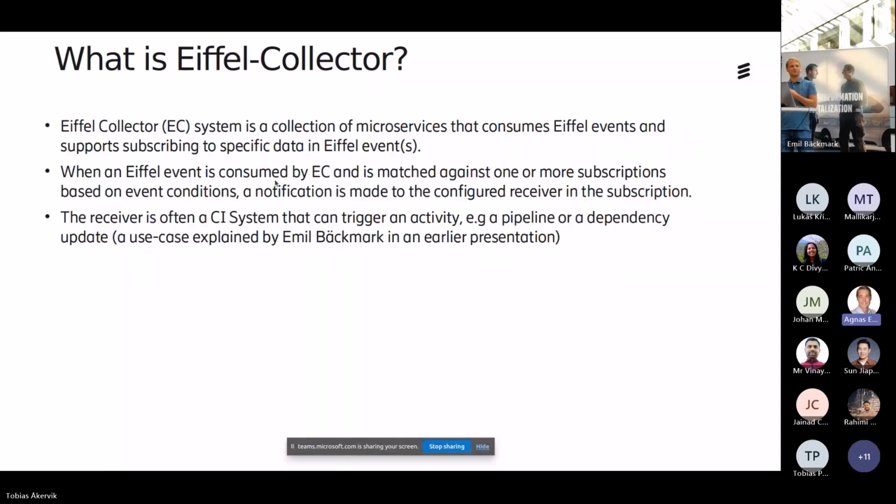And if all conditions are fulfilled, you send a notification to the CI system or any service that wants this information. And the use case we have in Ericsson is the CI system triggering pipelines, of course depending on what kind of event flow it is.